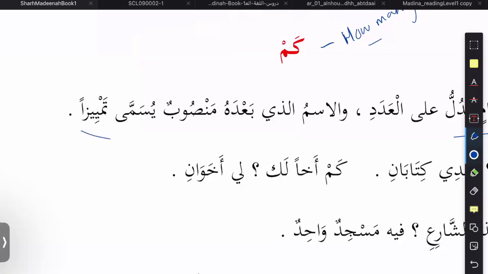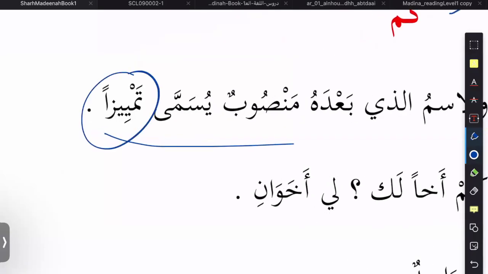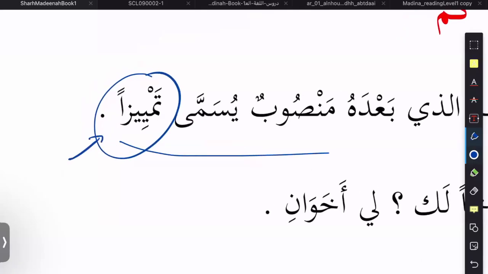So this is an interesting grammatical notion here, something that we will spend a lot of time understanding, what is tamyiz in book 3. Okay, in book 3. But this word will come a lot because whenever we talk about number, this word tamyiz will come a lot. But the tamyiz as a subject topic in itself, we will study in book 3.